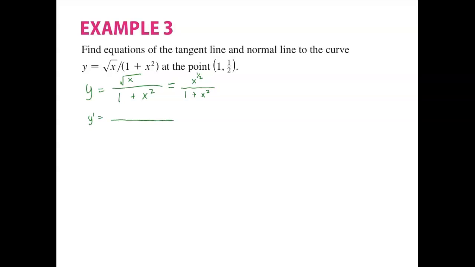So we're going to go low d high, so low 1 plus x squared times derivative of high, so the derivative of the top is the derivative of x to the 1/2, minus high d low, so minus x to the 1/2 times derivative of 1 plus x squared.